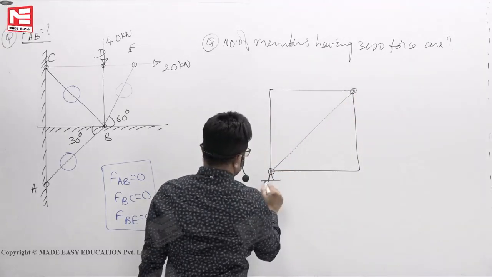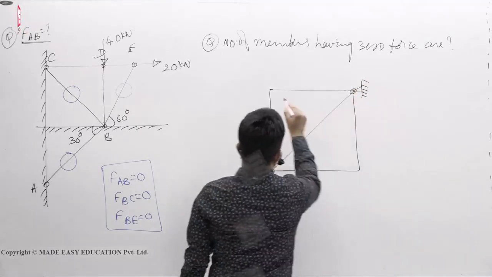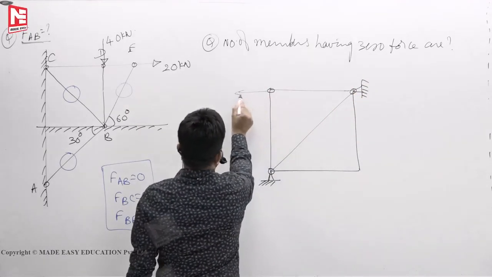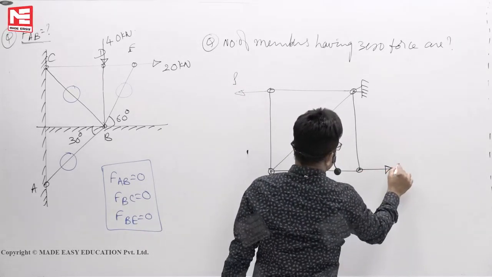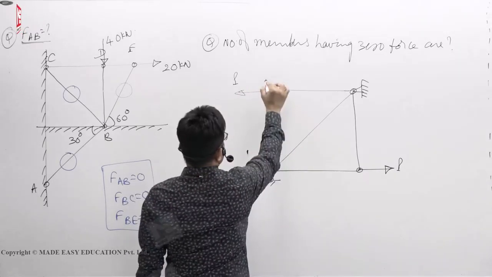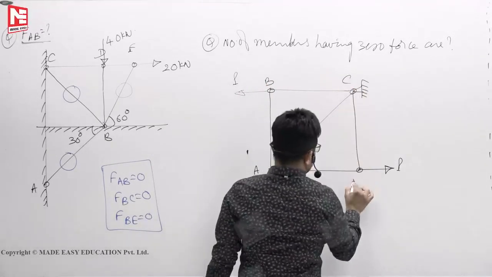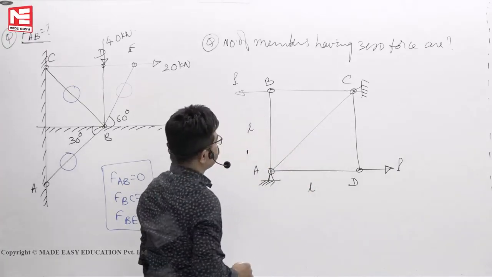See here, there is a force P here, another force P here, like this. Say A, B, C, D. The lengths of the members are, let us say, L and L.